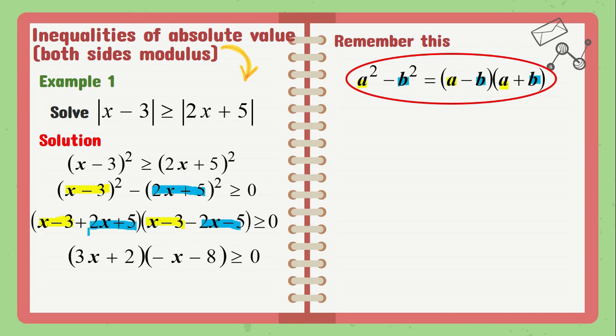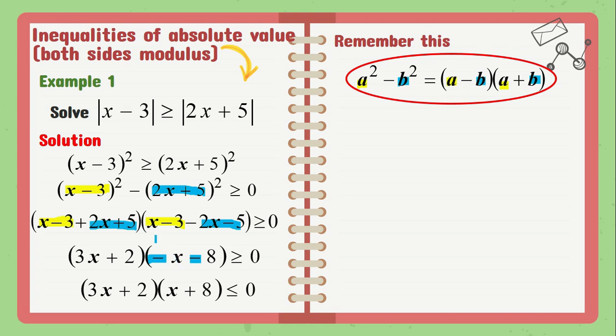After that, we try to simplify each factor. After simplifying, you get 3x plus 2 for the first factor, and for the second factor you get negative x minus 8, more than or equal to 0. So it is easy to simplify these inequalities. Therefore, we try to factorize the negative x minus 8.